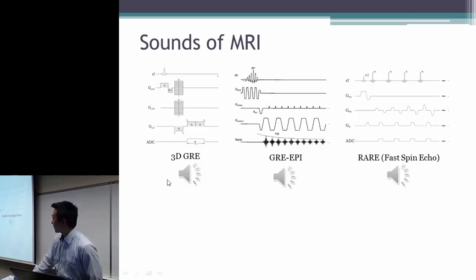And then the next one is the gradient echo EPI. For the gradient echo EPI, we have a very fast switching on and off of the readout gradient, so it will create a very high pitched sound. On the other hand, on the TR level, you will have the repetition of the TR, usually 2 seconds or 1 second.